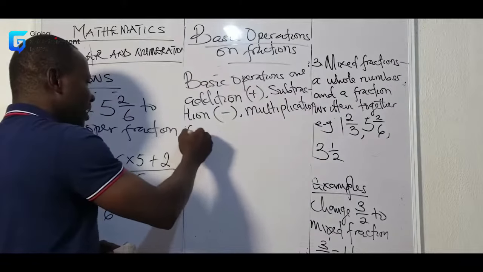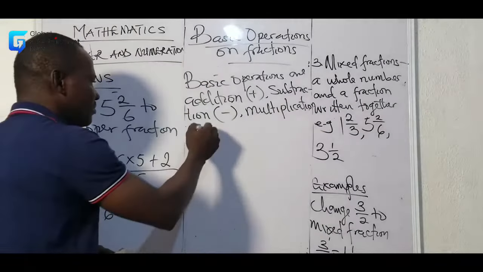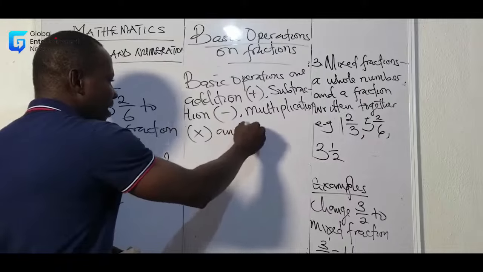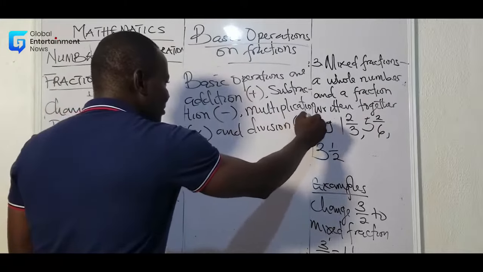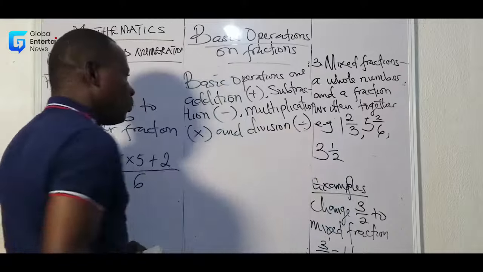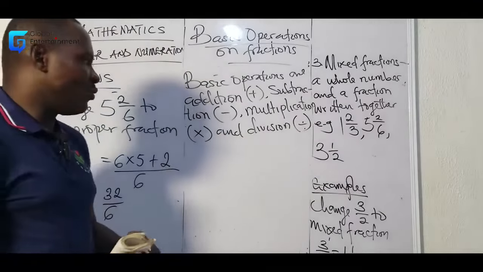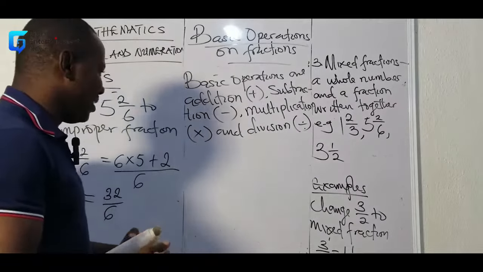Multiplication; the sign is like this. And we have division; the sign has one dot at the upper level and one dot at the lower level.